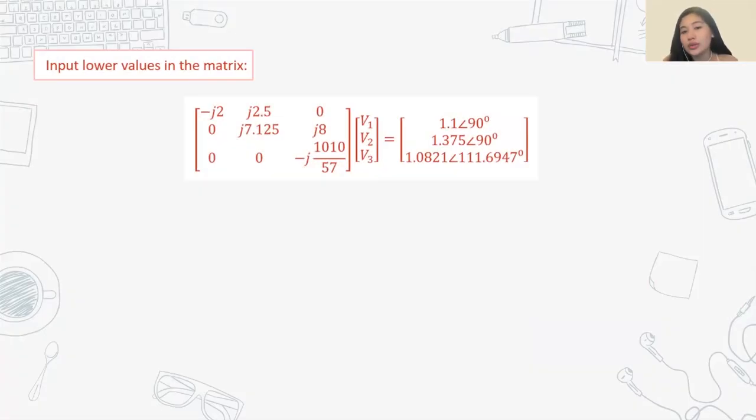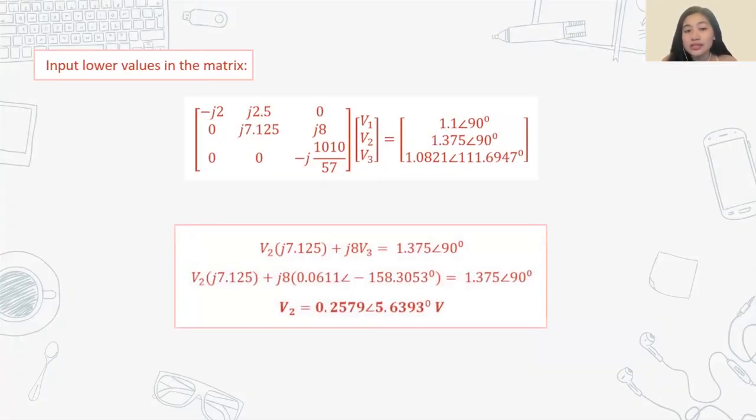Now we are going to solve for our V2. It is just the same matrix. I am flashing it on the screen so that everyone would be guided. Our V2 is in this line. Our V2 will be multiplied by J7.125, but V1 is not included because 0 times V1 is basically 0.